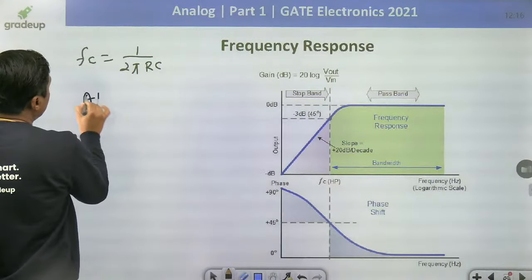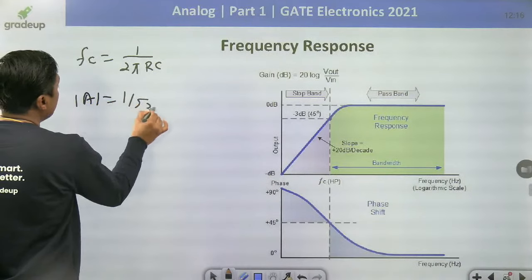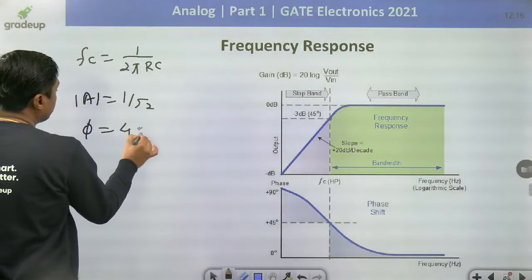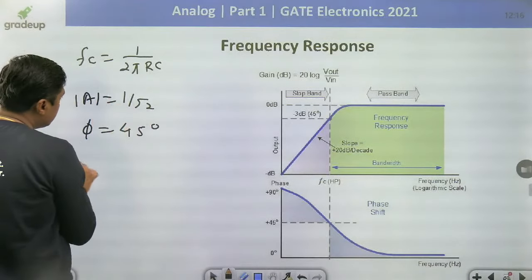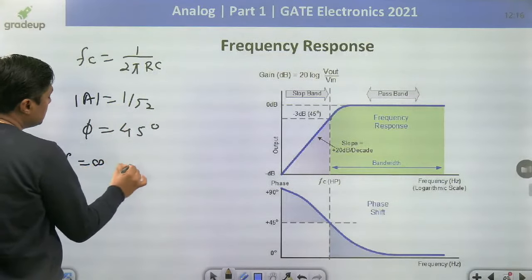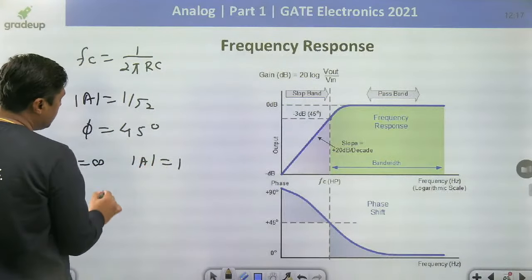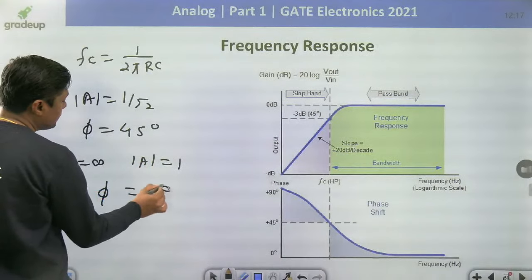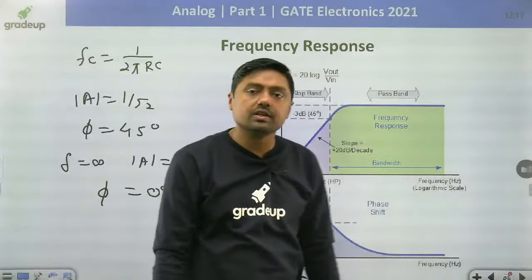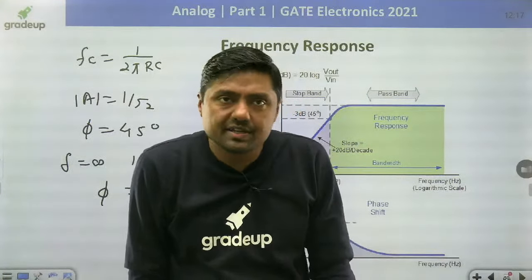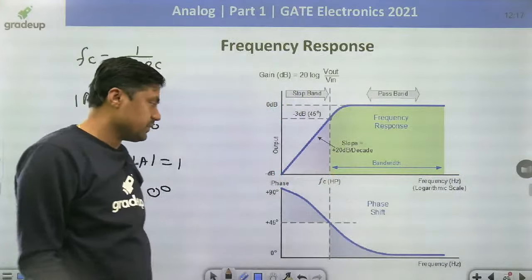The gain will become 1 by root 2 and the phase will become 45 degree. And exactly at infinity, the gain will become 1 and the phase shift will become 0. It will pass the high frequency signal and stop the low frequency signal. This is a simple idea about that.